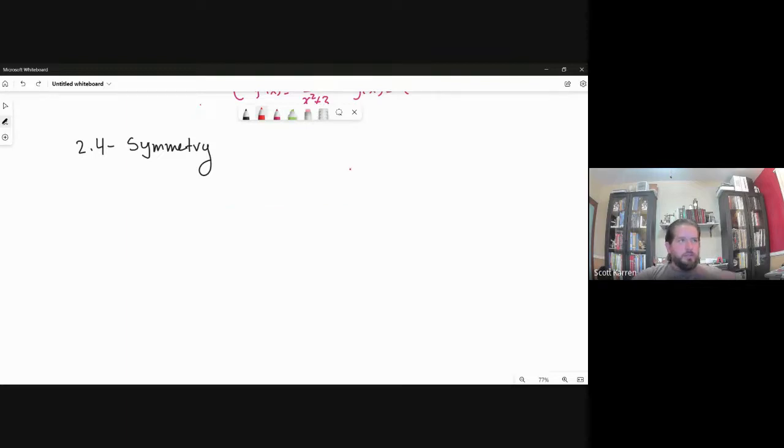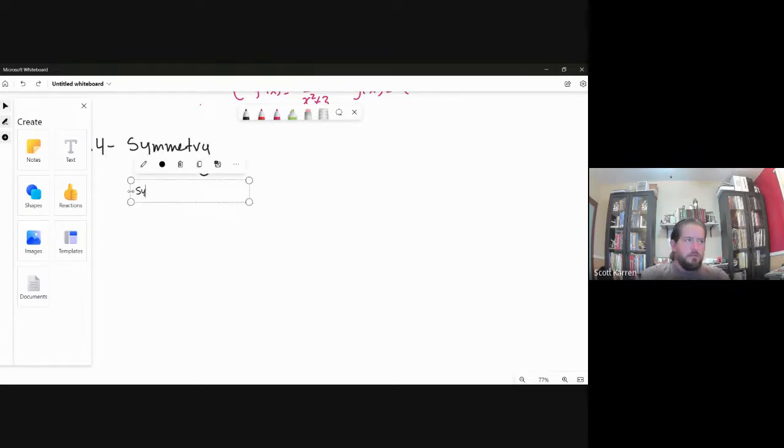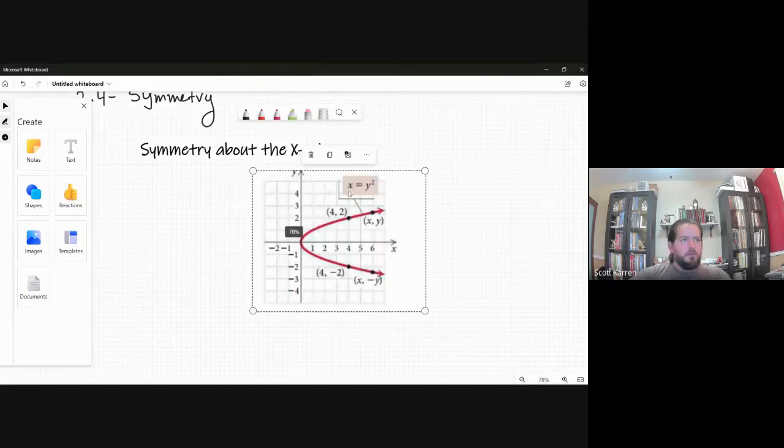The first one is symmetry about the x-axis. And that looks like this.